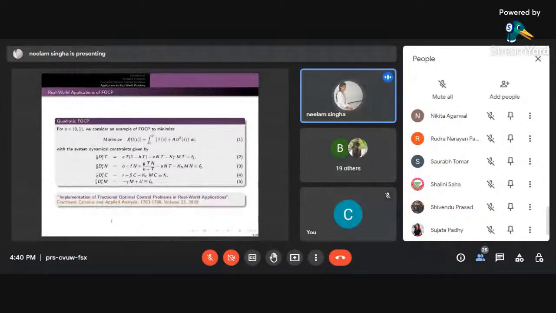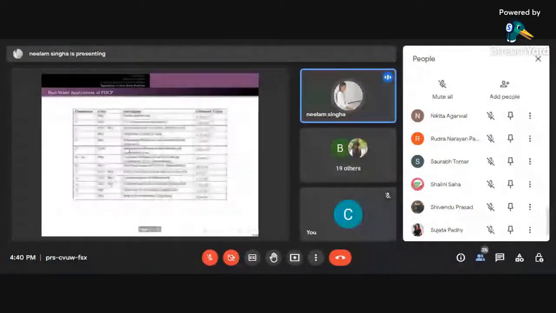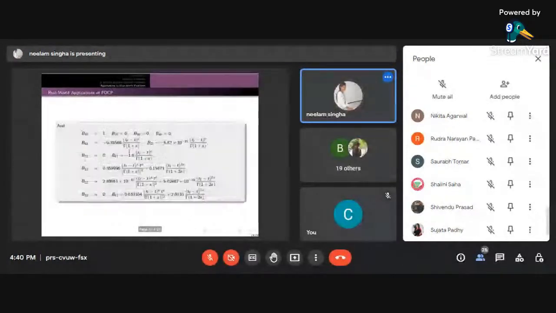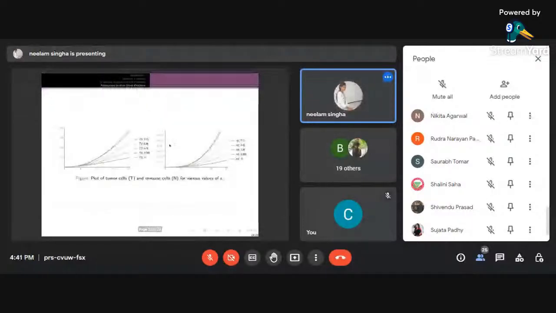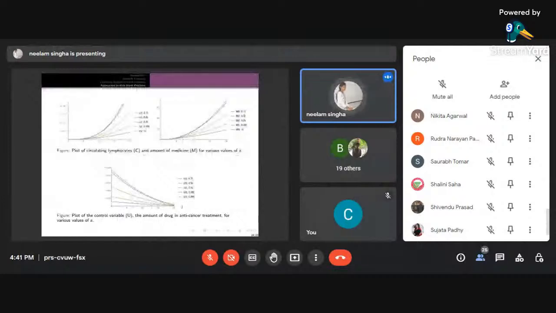So this is a class of problems which I have presented here, a class of problems for fractional optimal control, and the solution mentioned here altogether is also a class of solutions. What is the benefit? I am not required to solve each and every problem separately. Just by solving the model and varying the value of alpha, I can give the solution very easily. So these are the solutions I have obtained.